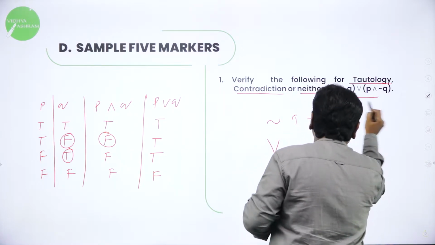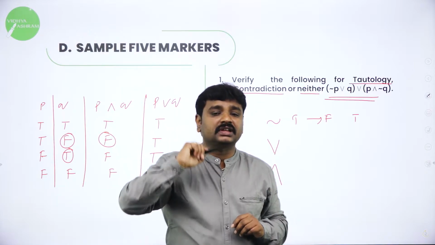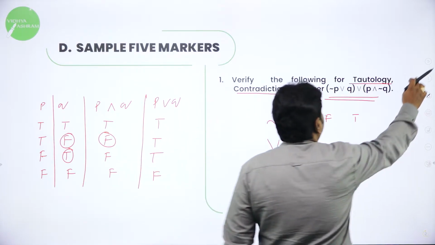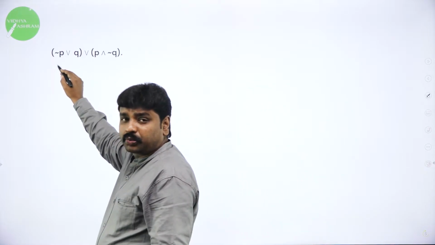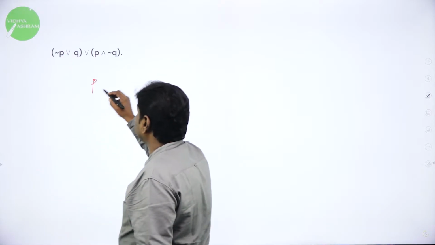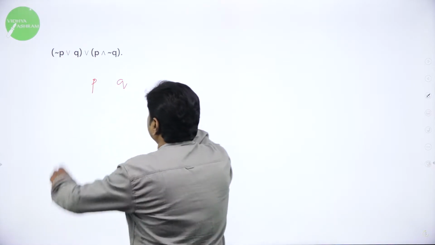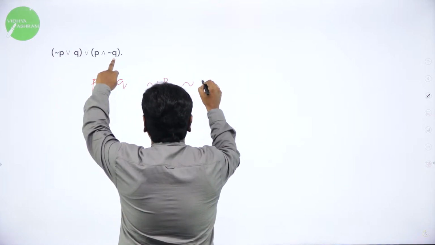So now we have to construct a truth table to check whether it is tautology, contradiction, or neither. So let me construct the truth table. For this compound proposition, I need to construct the truth table. First I will write the elements. One element is P, then the other element is Q. You can also see there is negation P, and then you can also see here negation Q is there.